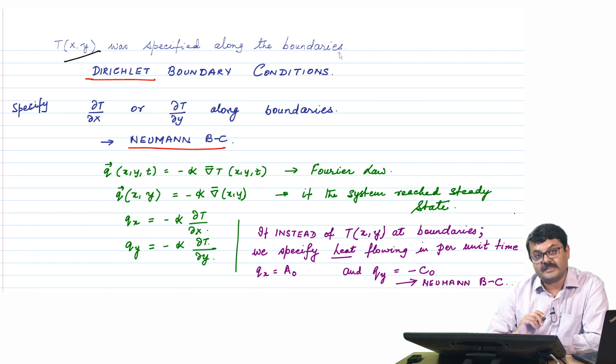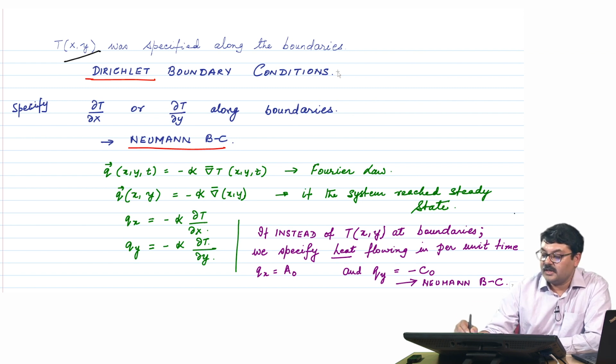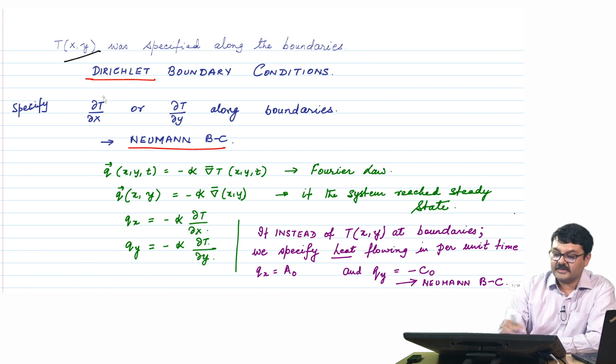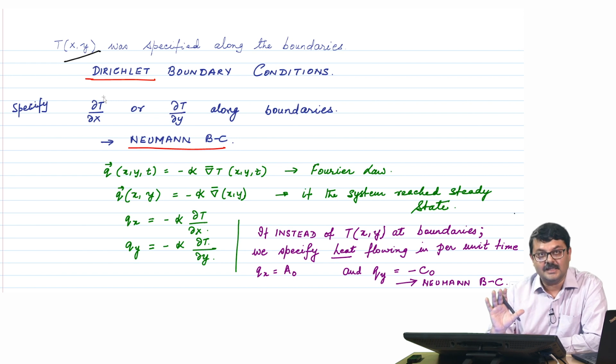Now, when you specify the boundary conditions and you specify the temperature, which is the quantity we are solving for at the boundaries, it is called the Dirichlet boundary condition. It is the name used when you specify T, or phi, or whatever quantity you are solving for, at the boundaries.